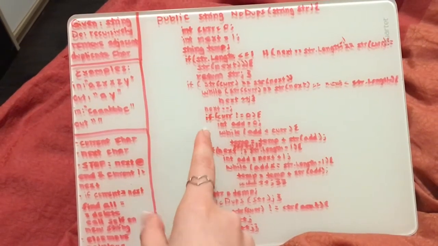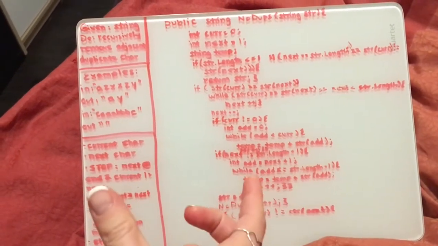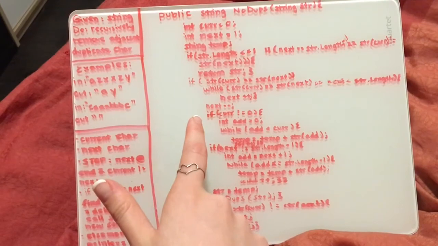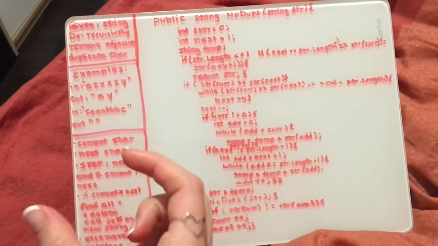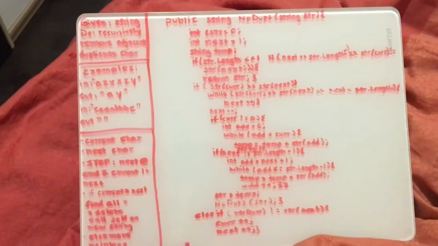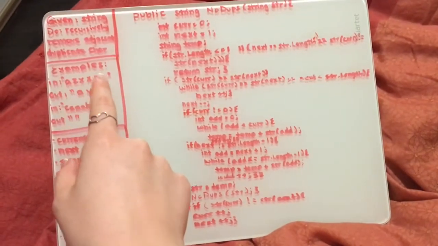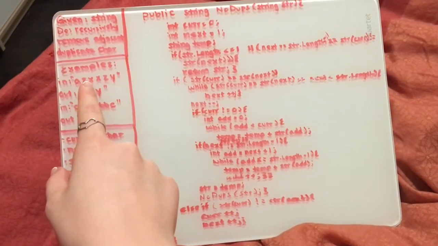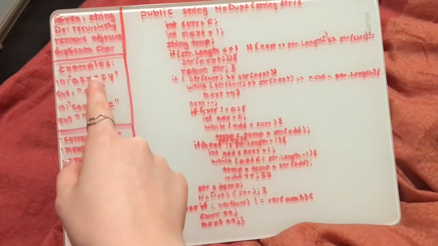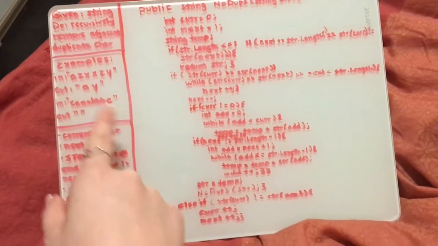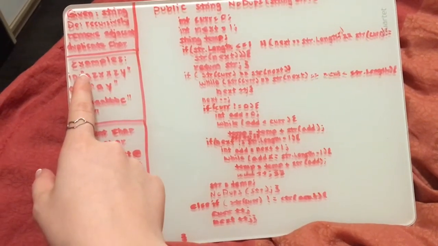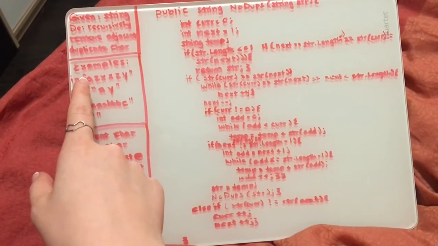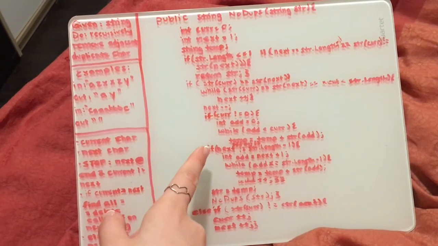Now we have our range from current to next as our duplicates. Now we want to delete that section, so I'm going to say if current is not equal to 0. In the case of A Z X X Z Y, when our current is 2 and our next is 3, current is not equal to 0, so we're going to create an add integer here and add A and Z to our temporary string.